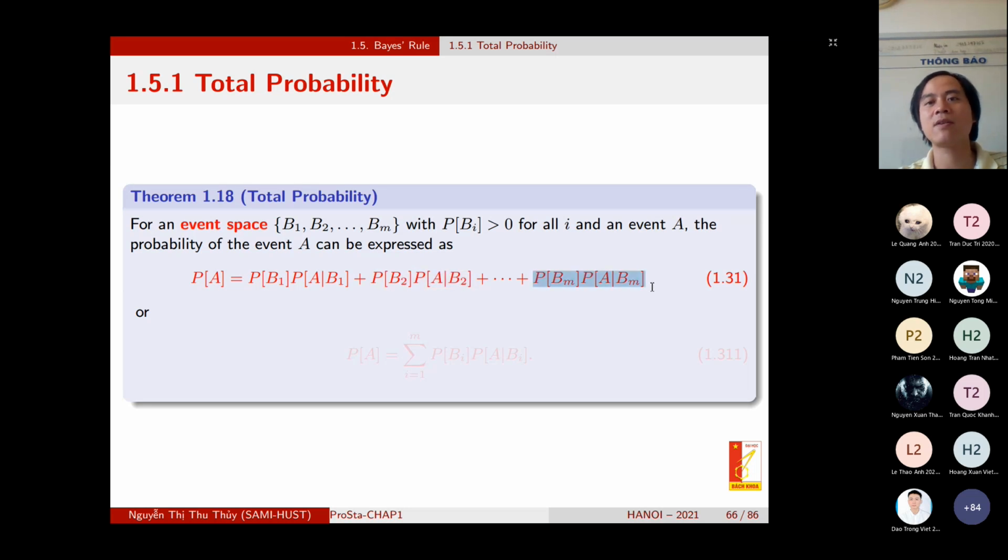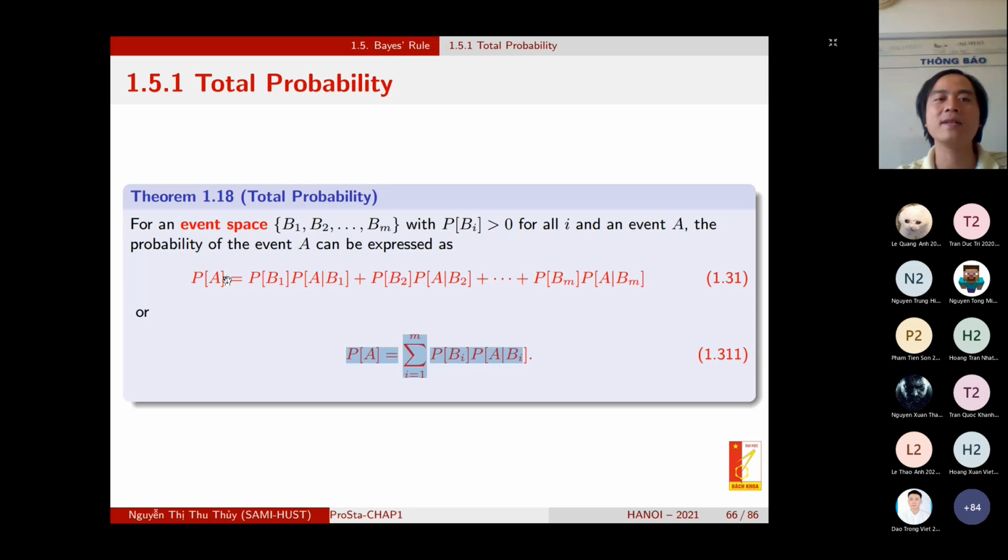Then, and so on, we compute the probability PBm multiplied by PA given Bm, and we take the summation of each part here. We can also use the other notation as in 1.31.1.